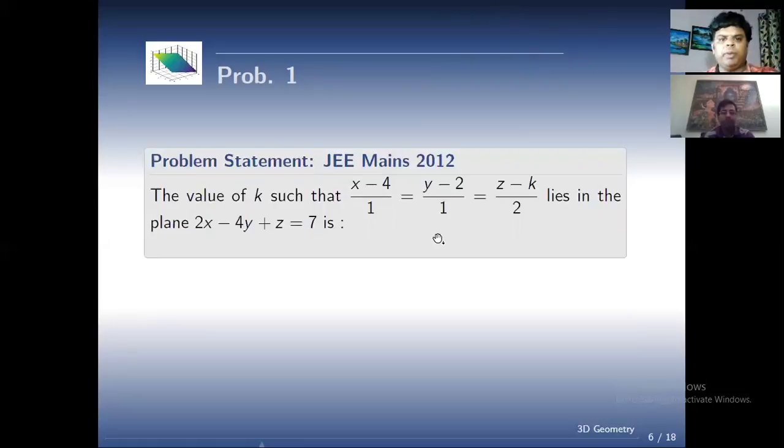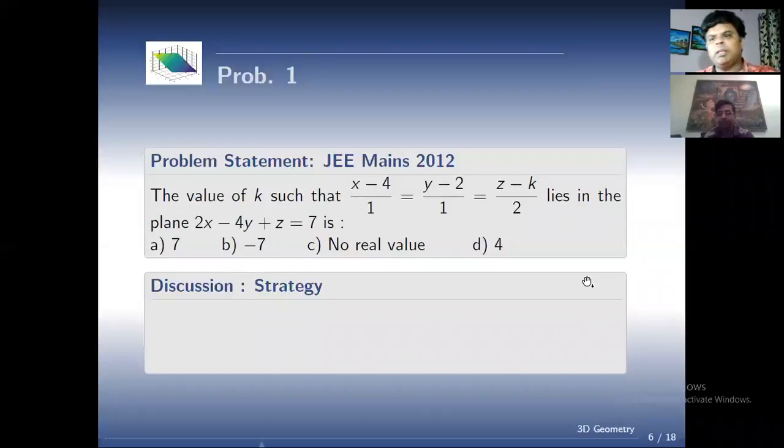What we want to find is if k is equal to 7, or k is equal to minus 7, or if there is no real value of k for which this line is going to lie on this plane, or k is equal to 4. These are the 4 options given. All right, so have you understood the problem? So we'll discuss the strategy to solve this problem.